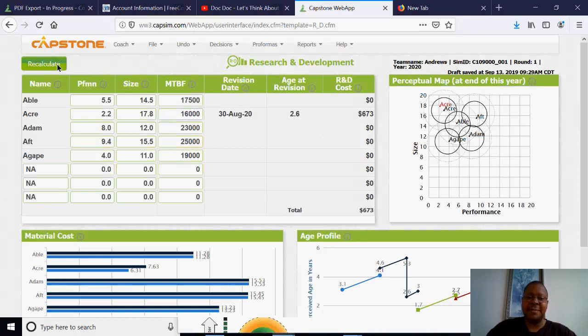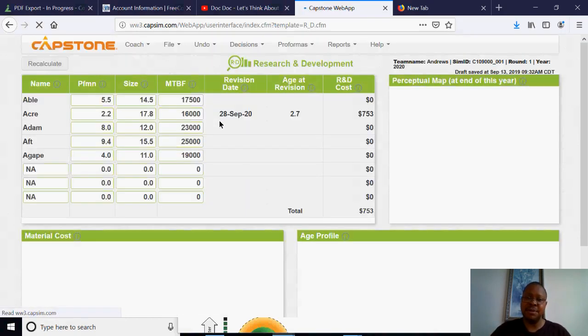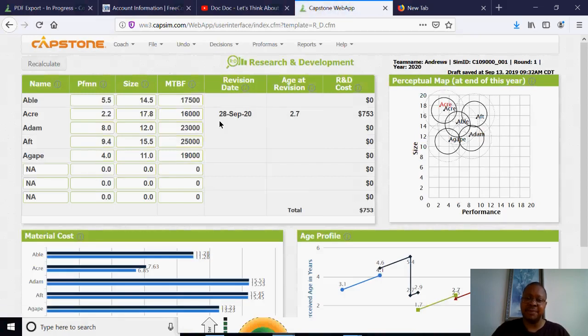Now, obviously, if I'm adding quality to the product, I'm actually going to increase the price. And that will also push the perceived revision date of the product a couple more months out. So now I'm in the ideal spot by calculating the center and then the offset of that center. I now have a higher quality product.